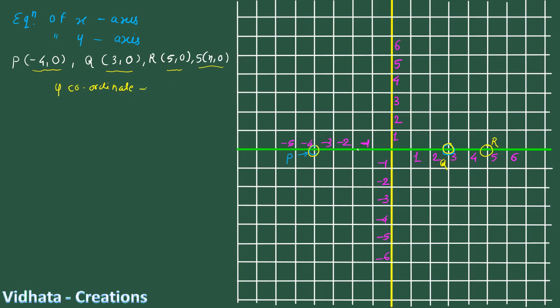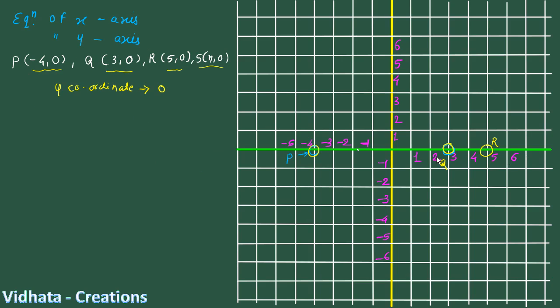So whenever you have a set of points whose y coordinate is 0 and x coordinate is changing, then all those points must lie on one axis only. Here all these points lie on the x-axis itself.